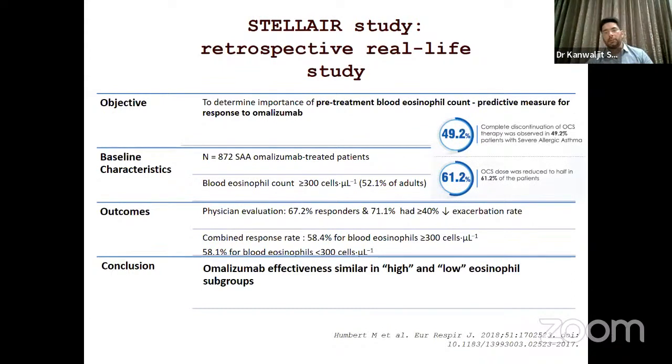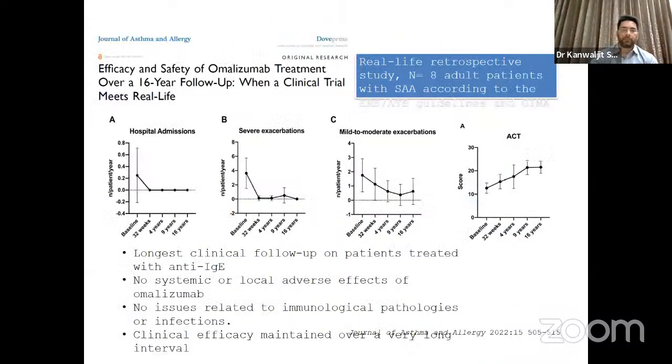In 49.2%, complete discontinuation of OCS therapy was observed in patients with severe allergic asthma, and the OCS dose was reduced to half in 61.2% of the patients.